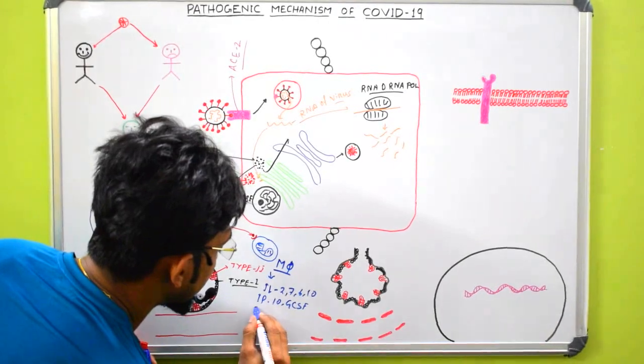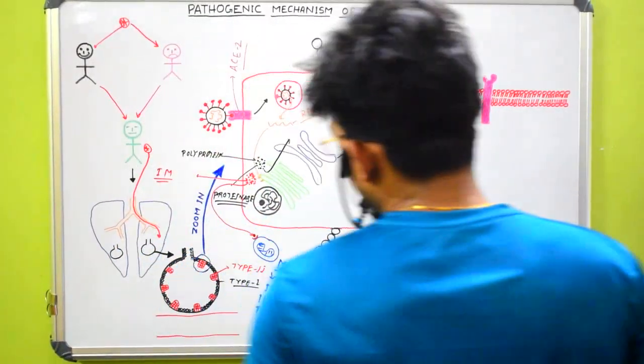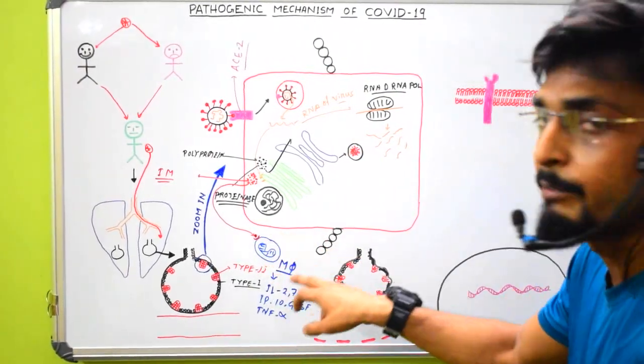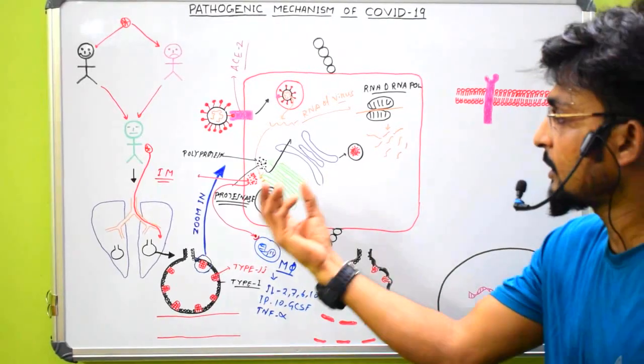Another is tumor necrosis factor alpha. So these are secreted by the macrophage once it is bound with the trimmed part of the polyprotein.